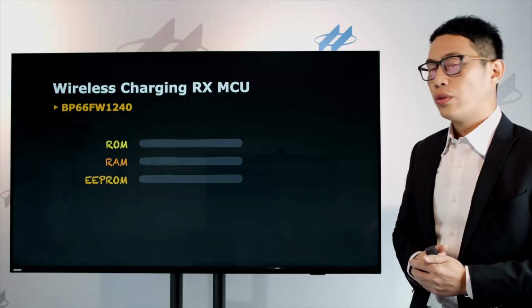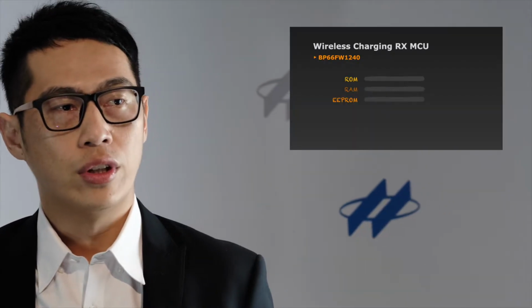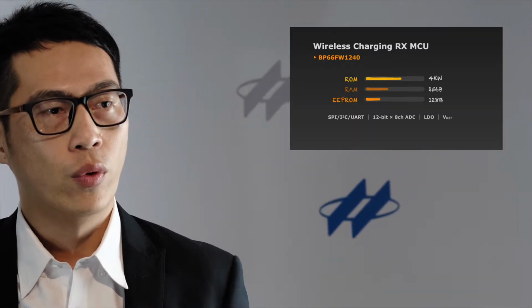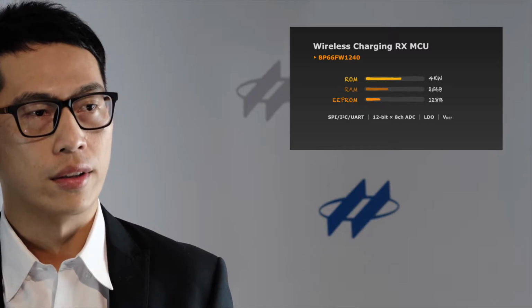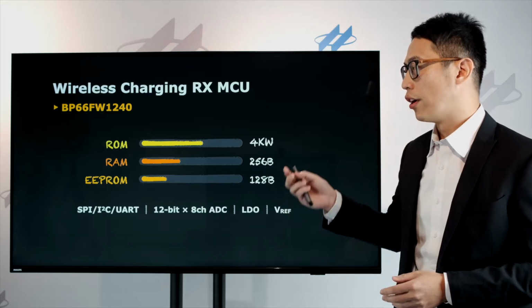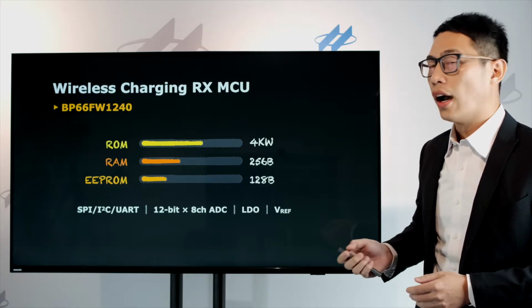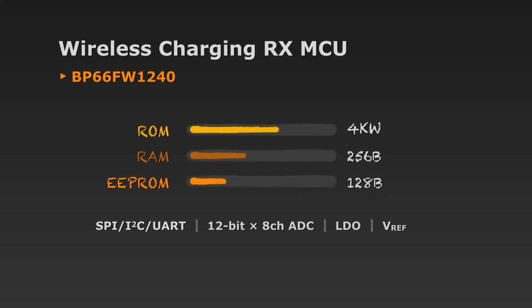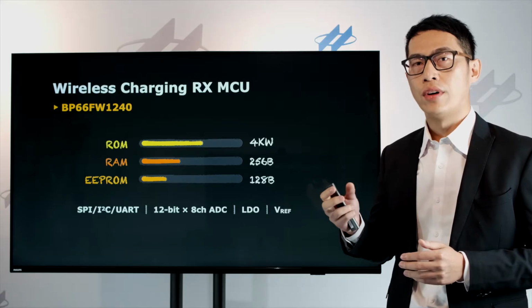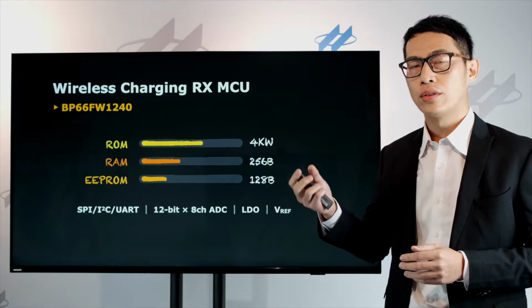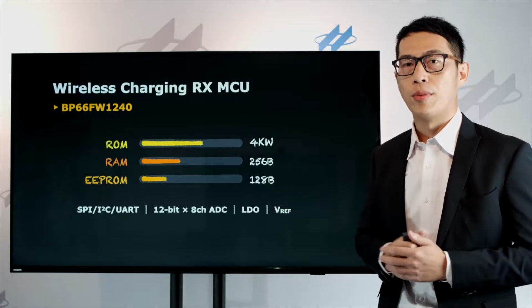The ROM, RAM, and EE resources are shown here: 4K word, 256 bytes, and 128 bytes individually, and we also have SPI, I2C, UART, and 8-channel ADC. One more thing is that we integrate an LDO, because the wireless receiver voltage transferred from the transmitter is not stable.